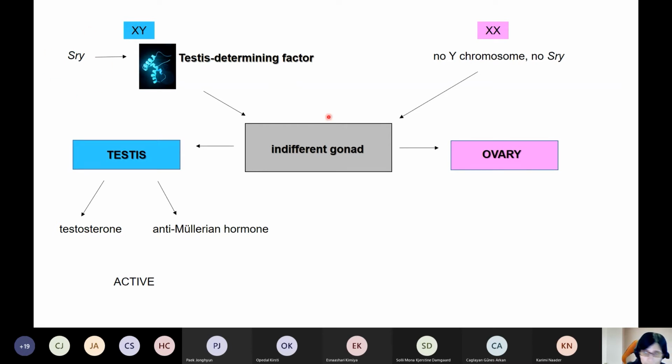is necessary. In case of the other version, if the embryo has XX sex chromosomes, where we do not have Y chromosome and we do not have SRY gene, the indifferent gonad will become the ovary.